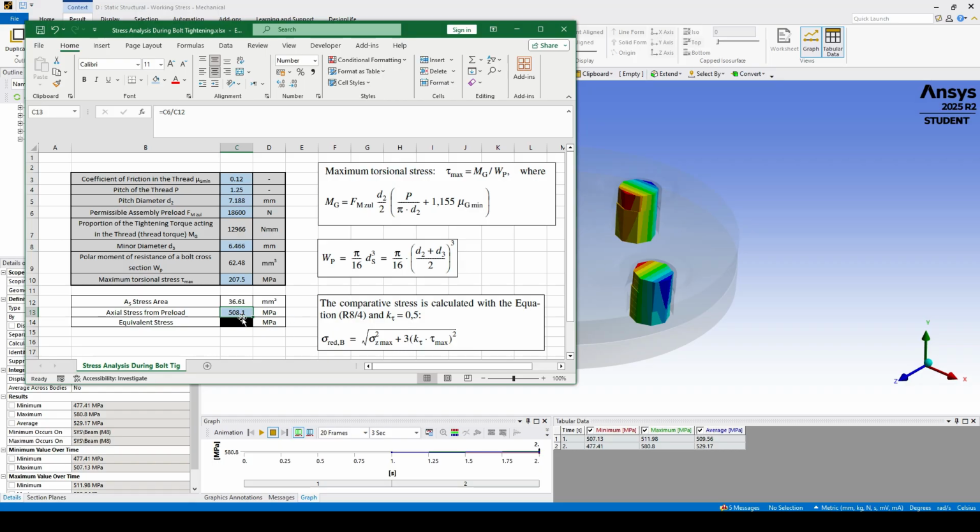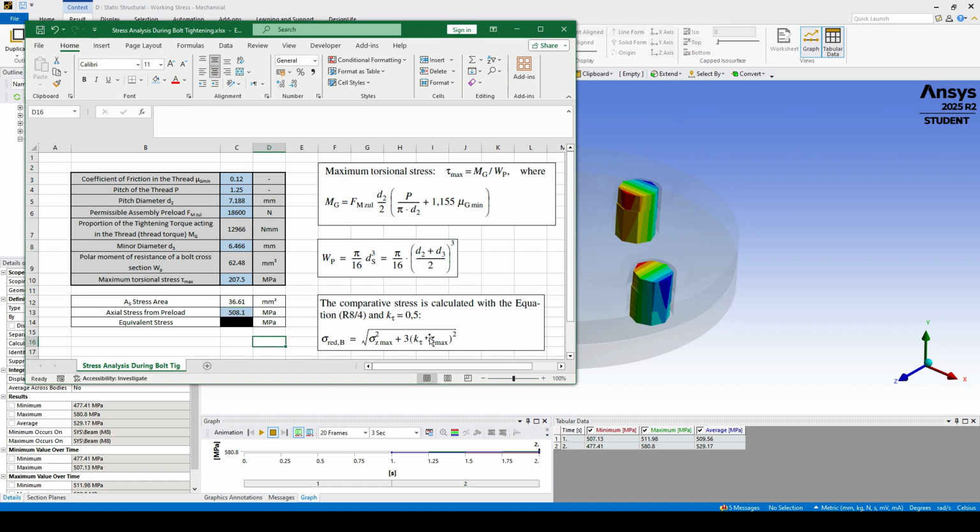Of course, in case we also have external load in our model, we would have extra stress in addition to this value. Actually, this will be sigma max to the power 2 plus 3 times the parameter K multiplied by tau max, which is the torsional stress we got before, to the power 2.